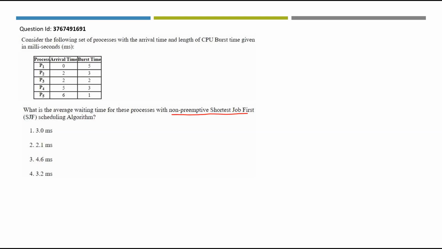But they have told it is non-preemptive. It means once a particular process gets the CPU, until it completes, it will not allow any other process inside. Once a process starts executing, it runs to completion before another process is selected. It doesn't get interrupted or swapped out, which is what we mean by non-preemptive.